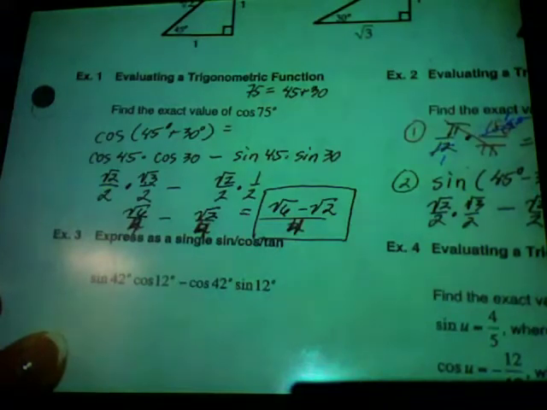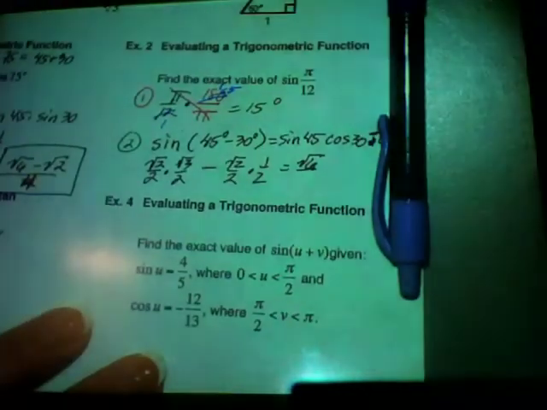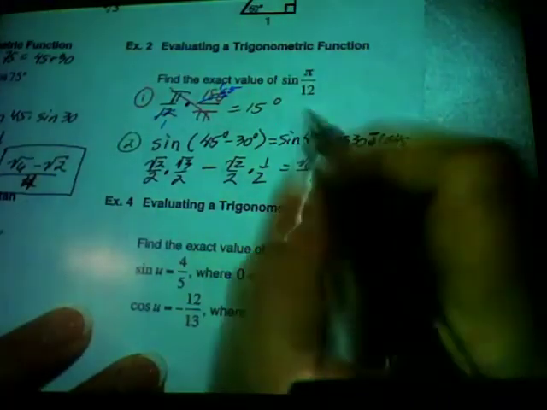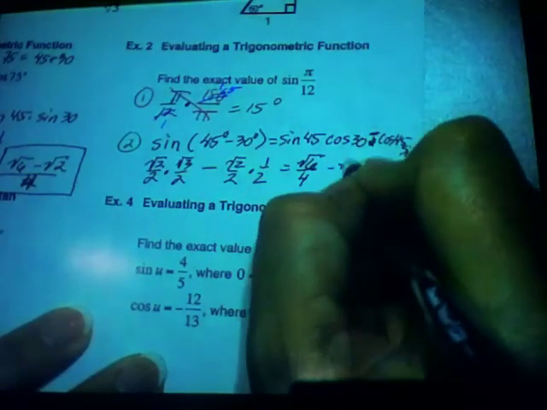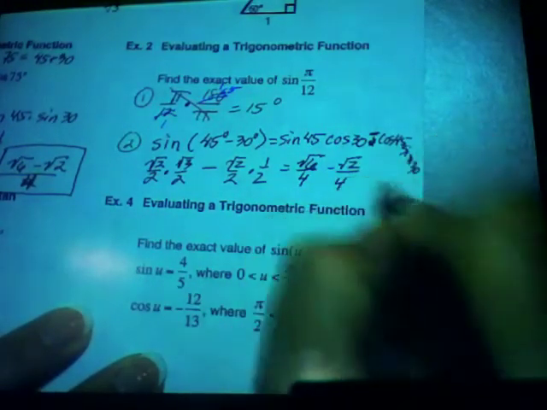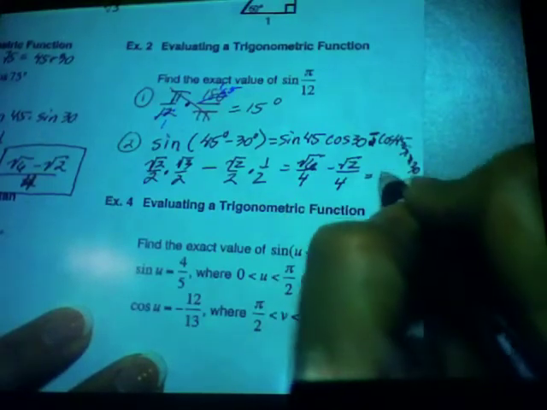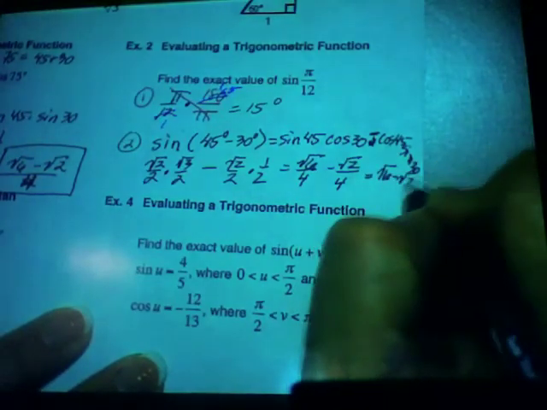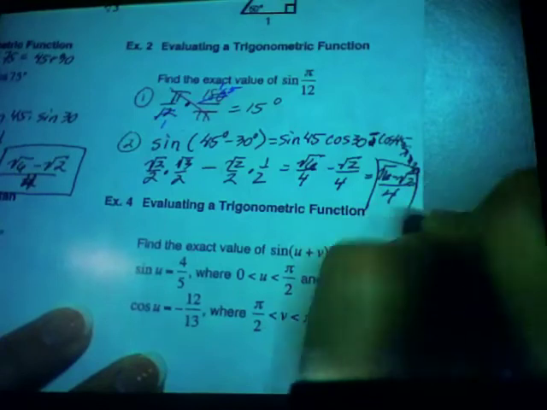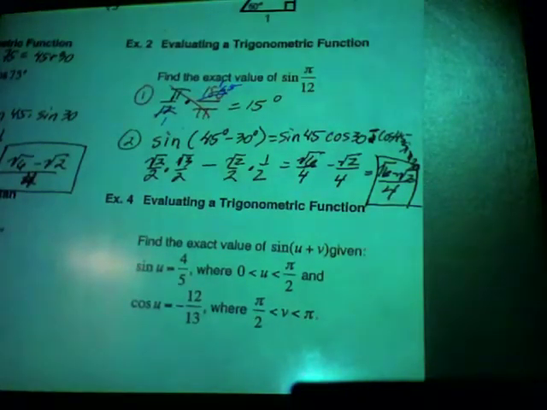Sorry. So that means over here, I have rad 6 over 4 minus rad 2 over 4 equals radical 6 minus radical 2 all over 4. Oddly enough, I got the same answer.